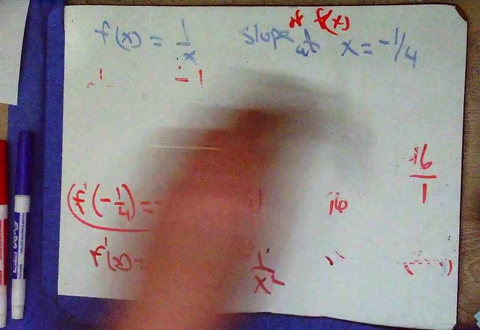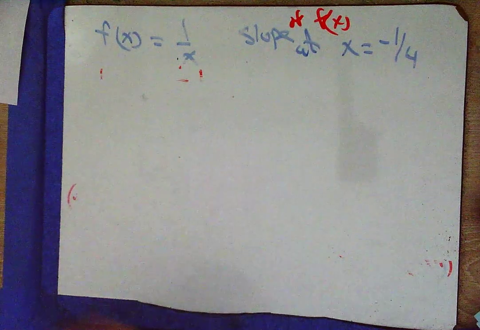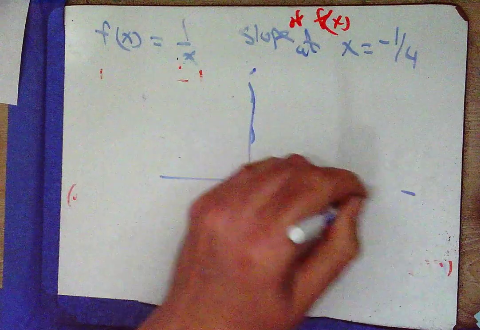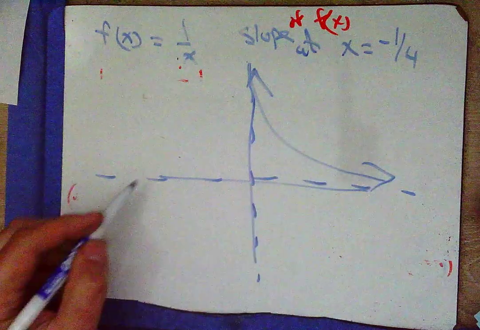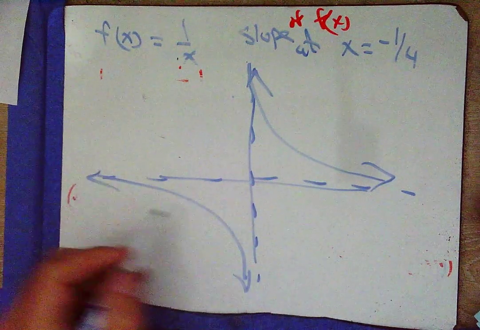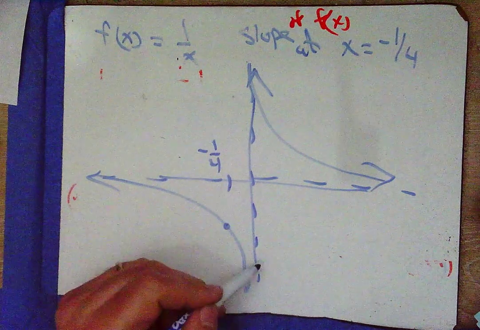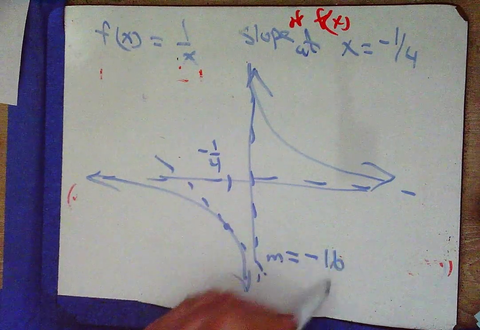So let's think about that graphically for a moment before we look at the other limit definitions of the derivative. Here's my graph of 1 over x. And so what we're saying is here at negative 1/4, the slope is negative 16.